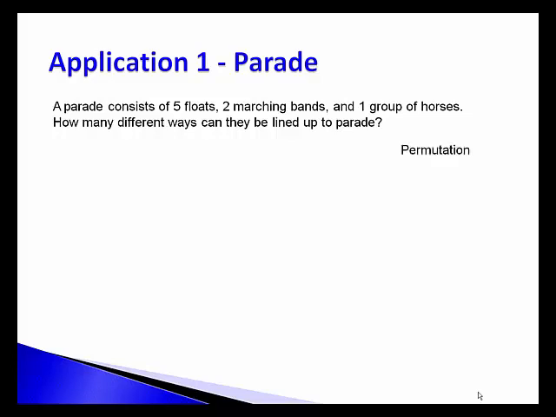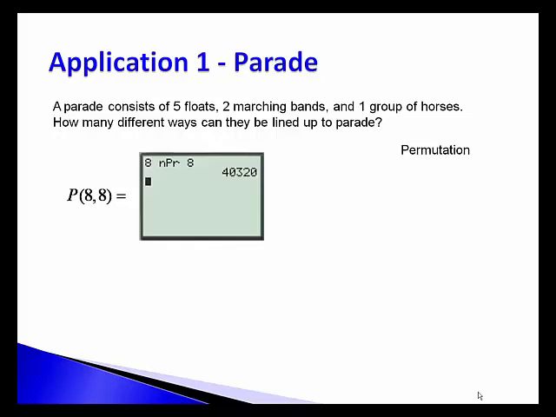So the first thing you need to make sure that you understand is that this is a permutation. It's a permutation of how many things taken how many at a time. So the first question is, how many things do we have total? And the answer to that is 8. How many of them are going to be in the parade? All 8 of them. So it will be a permutation of 8 things taken 8 at a time.